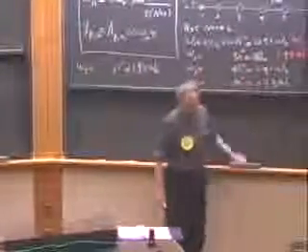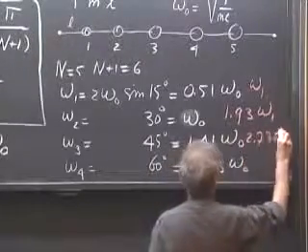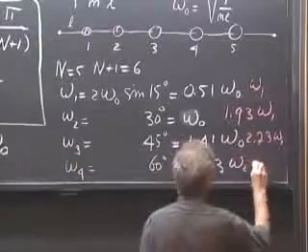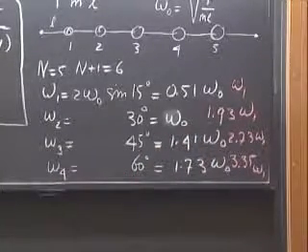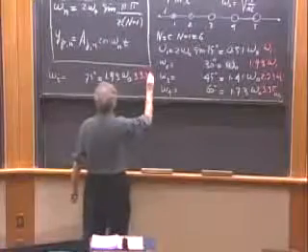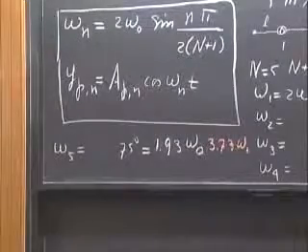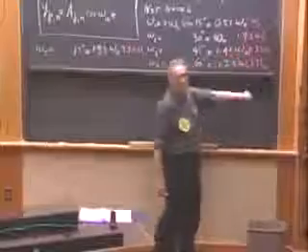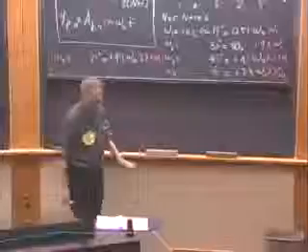If I take this one and divide it by that one, I get 2.73 omega 1, then the next one I get 3.35, and the last one is 3.73. So the bottom line is that the ratios of these frequencies are not at all very nice numbers, as you may have expected, but quite bizarre: 1.93 times higher than the lowest one, 2.73 times higher, 3.35 times higher, and 3.73.